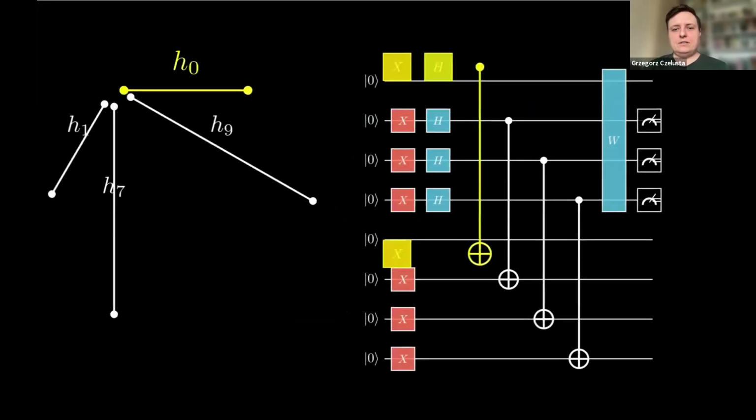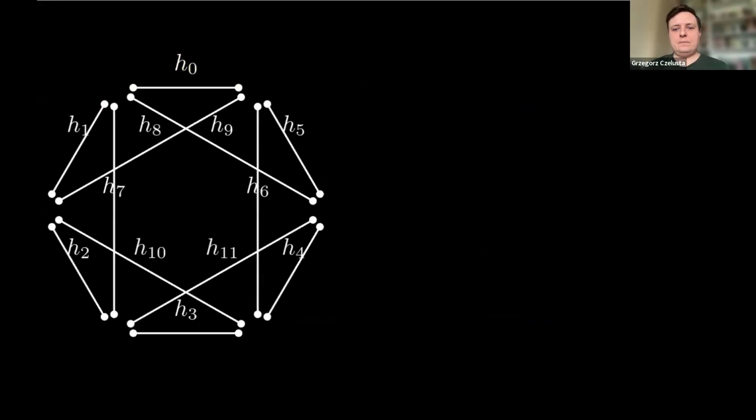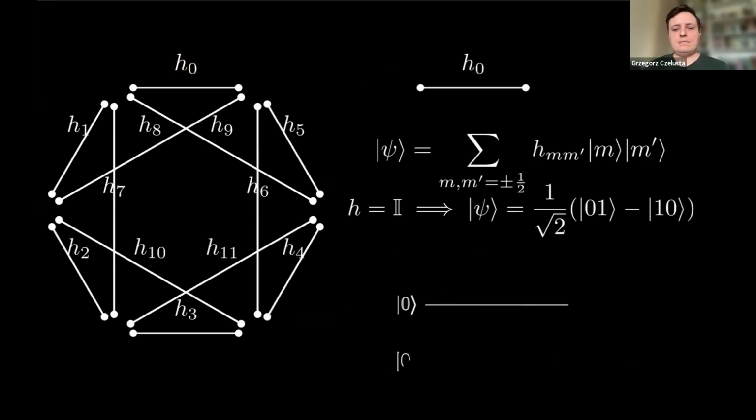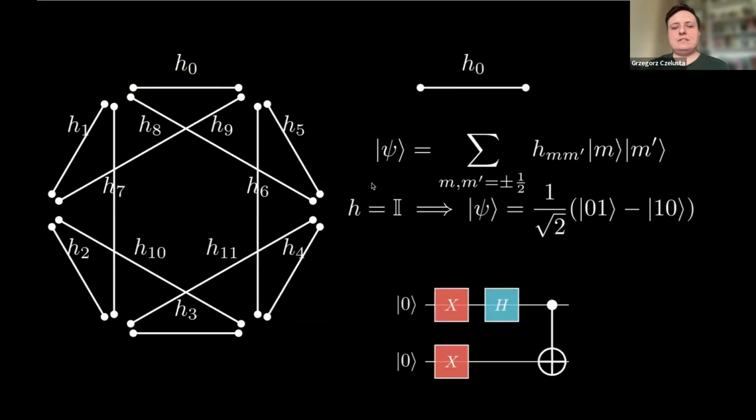For example, here, when the holonomy is trivial, so holonomy is the identity element, the corresponding quantum state is a singlet, and it can be generated using this quantum circuit: X gate, Hadamard gate, and control node.